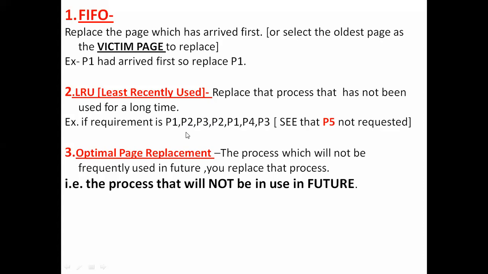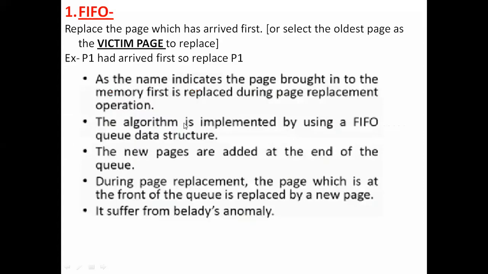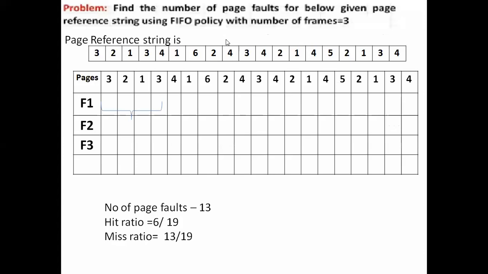So the least asked page is P5, hence I can go for the replacement of the P5 page. In the next class, let me discuss the first in first out operating principle along with an example.